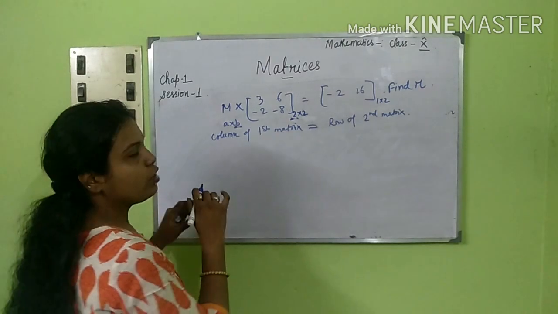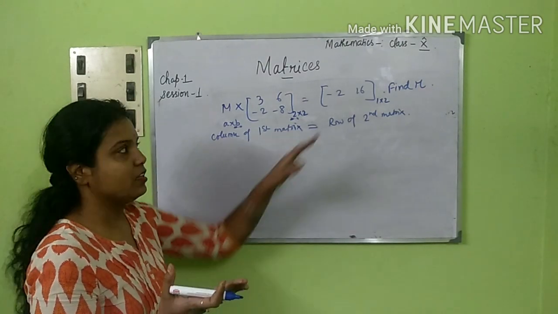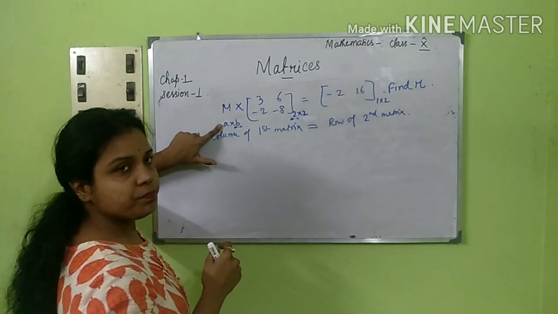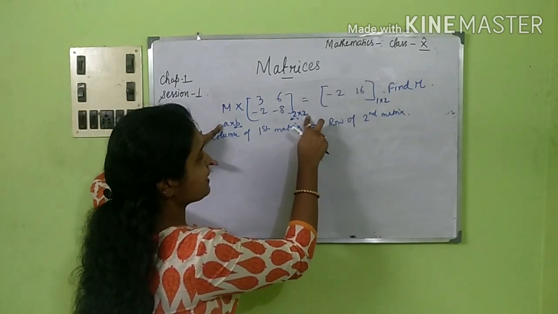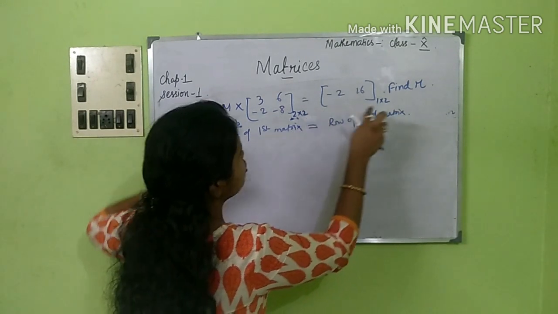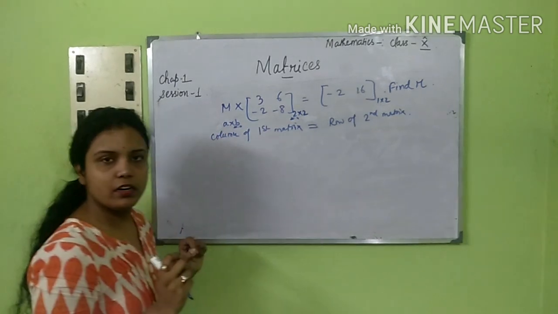And we know that the resultant matrix, that is the result matrix, should have the row of the first matrix into the column of the second matrix. That means A into 2. So if we consider A into 2, that means A is equal to 1, right?